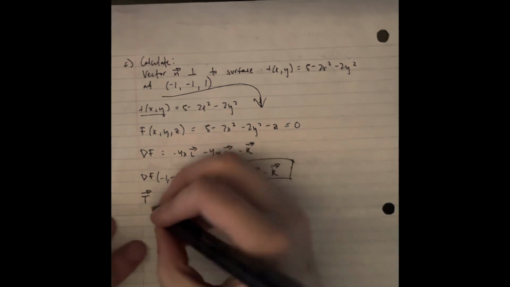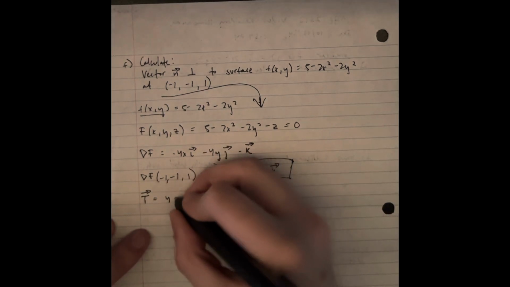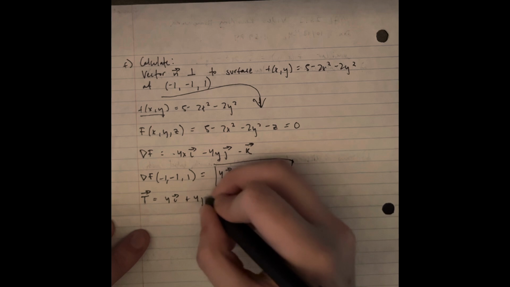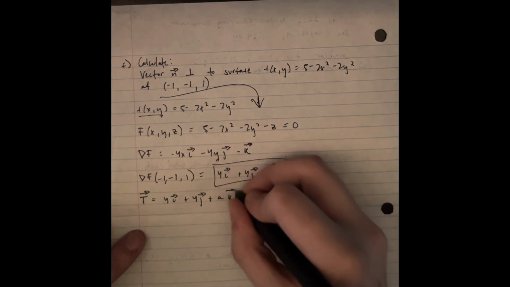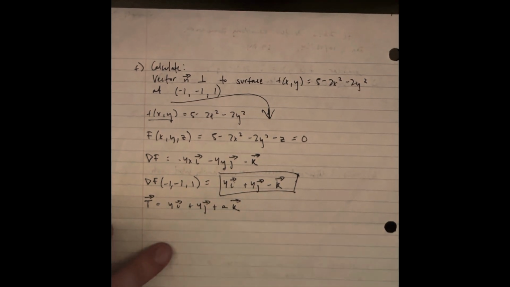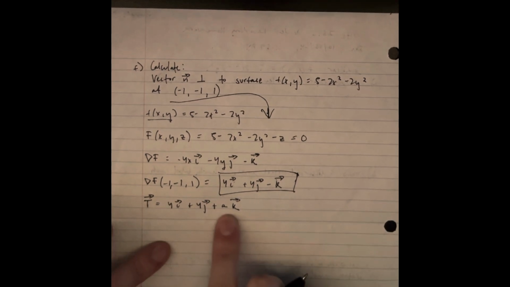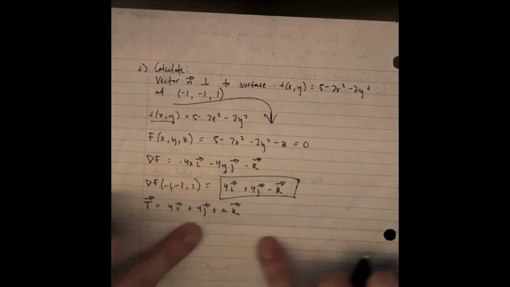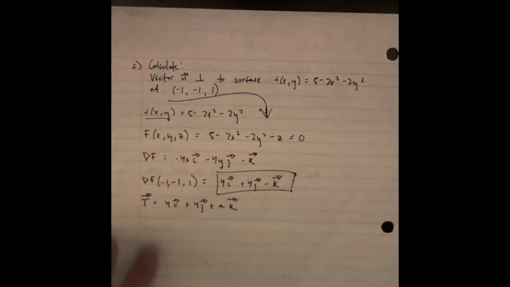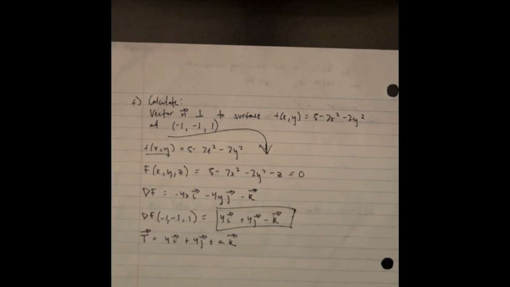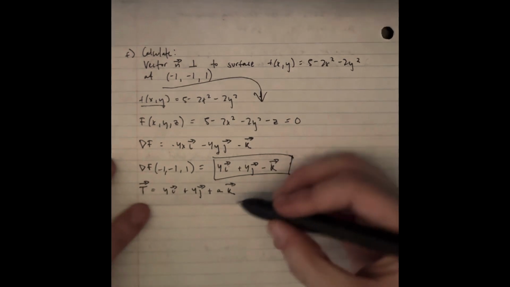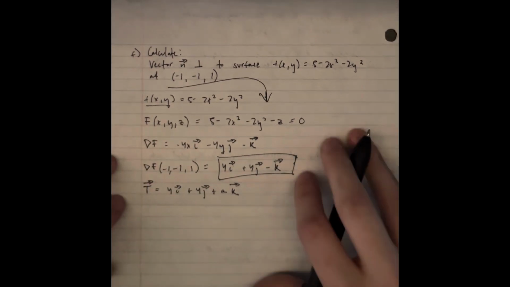To start off, we know that t is going to be 4i plus 4j, and then we are just going to need to find an a to put for that k value. This is because we have the same vector on our contour diagram, so we know no matter what, this is its xy direction, and the variation is just going to lie within that k direction.